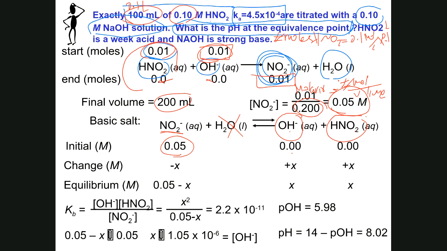Then you solve for x. You can approximate this and solve for x. When you solve for x, x equals concentration of hydroxide ion. Then you can calculate the pOH. When you have the pOH, you subtract that from 14 to get the pH. So you find the pH of the solution at the end point of the reaction to be 8.02.